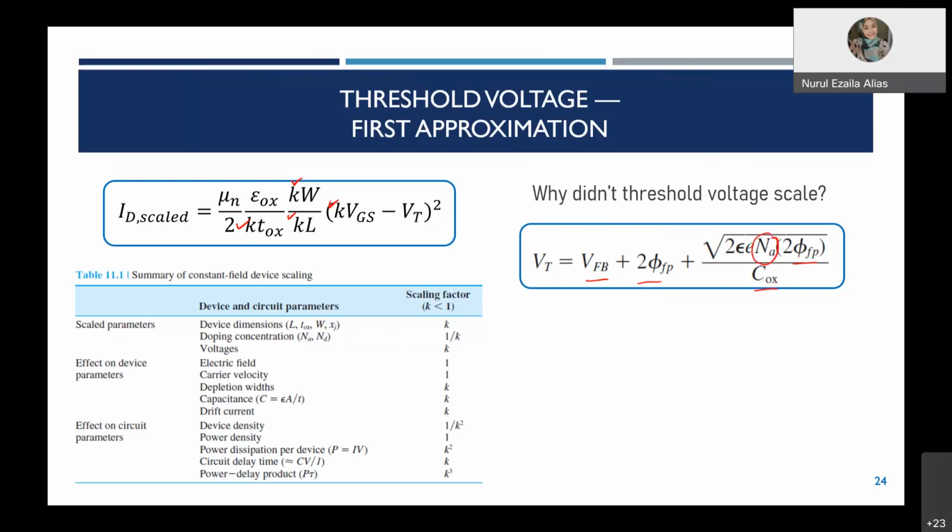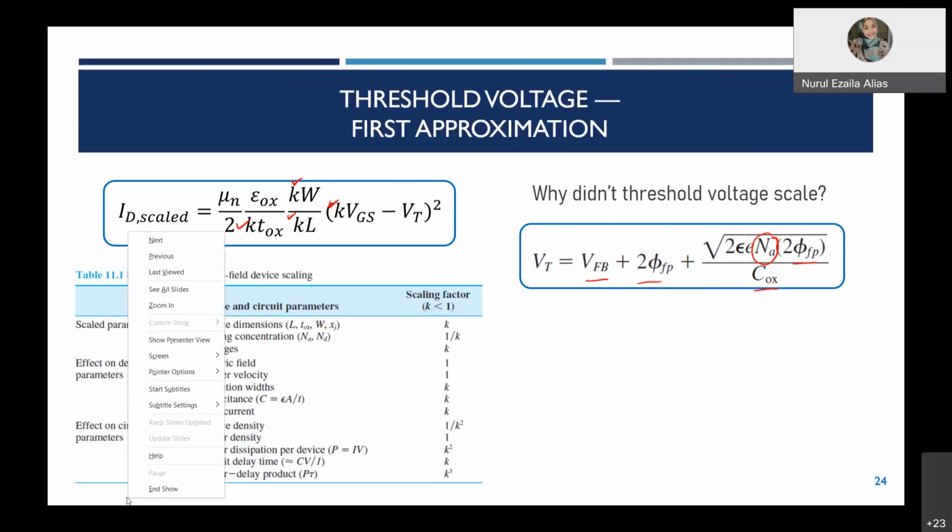NA will be like 1 over K. So the threshold voltage is not affected much by the K value, and the threshold voltage equation will remain the same as the original equation. I mean that for ID scaled, you have to multiply by all the K values and so on. However, for the threshold voltage, no, it will still remain the same equation.